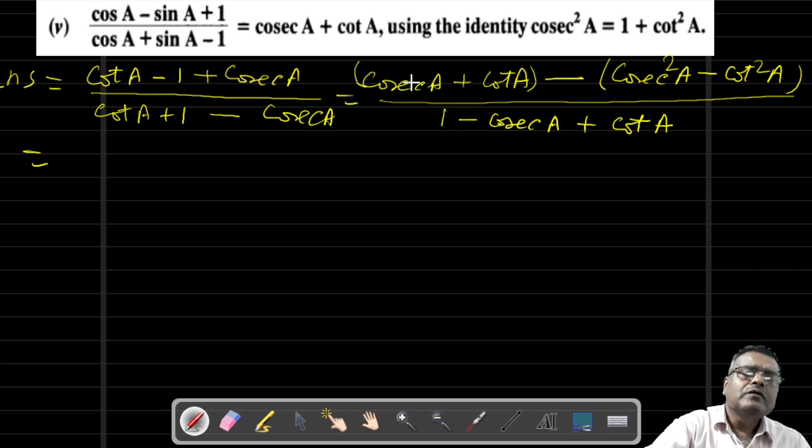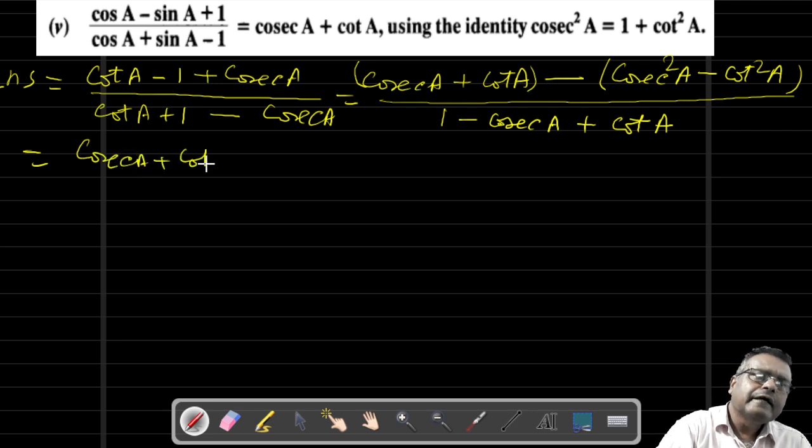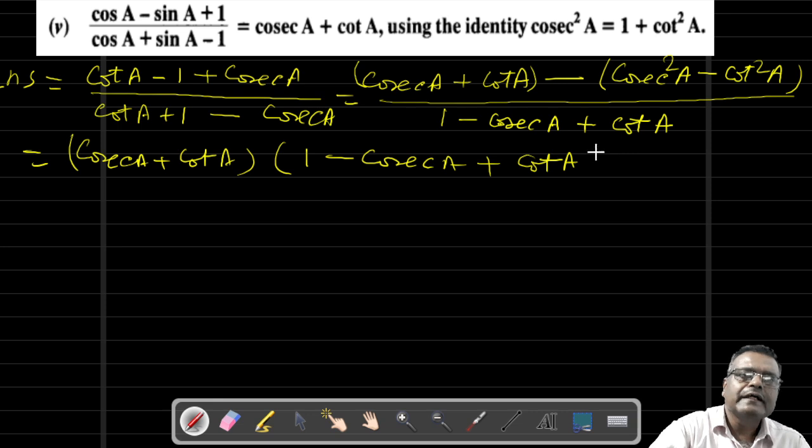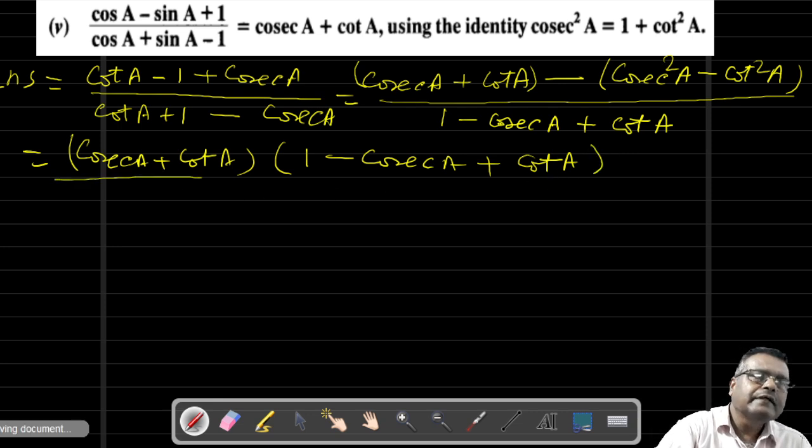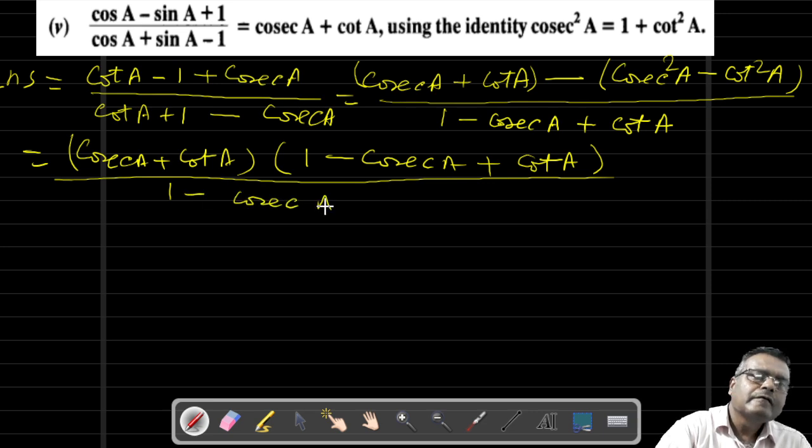You see, so cosec A plus cot A can be taken common. Cosec A plus cot A is taken common, then you will be getting 1 minus cosec A plus cot A divided by 1 minus cosec A plus cot A. This will be cancelled.